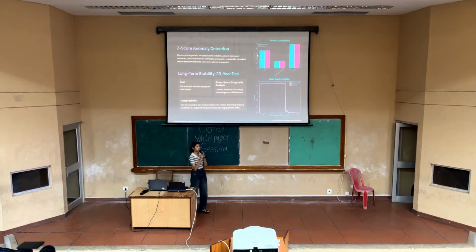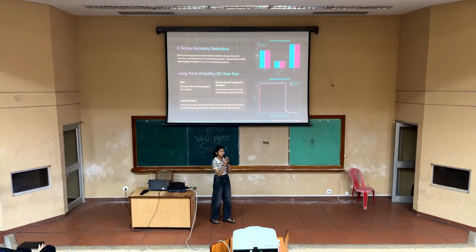And then, to find unusual differences, we also did a threshold analogy correction. Using that, we found that most of the error was in the velocity.